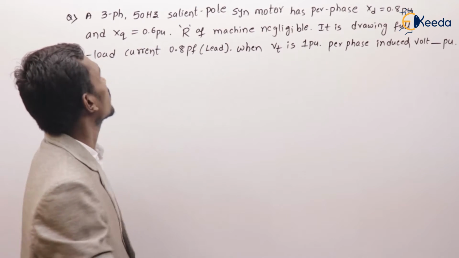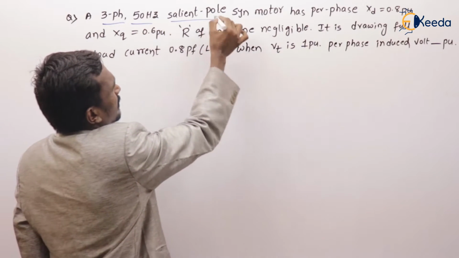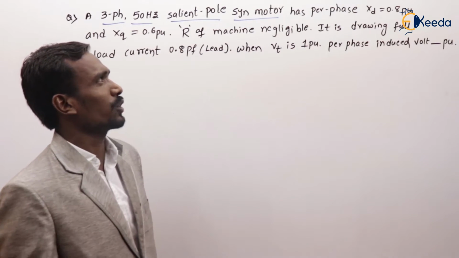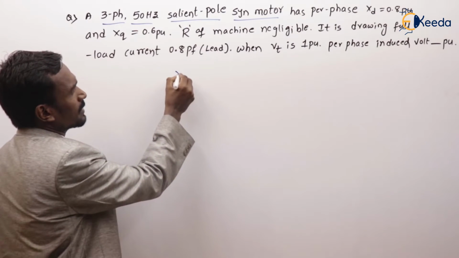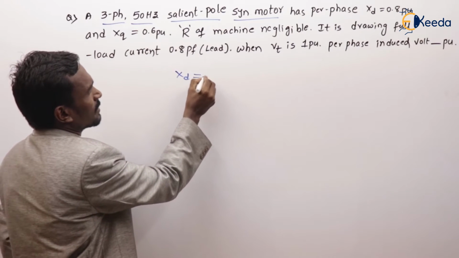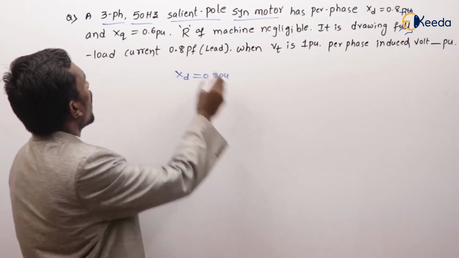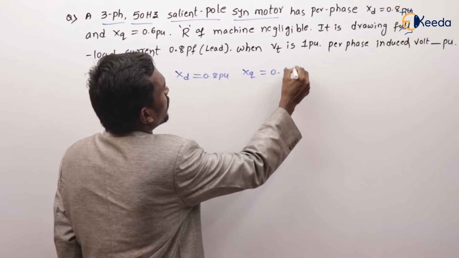Next question. A three-phase 50 Hz salient pole synchronous motor has per phase synchronous reactance along the d-axis 0.8 per unit and q-axis 0.6 per unit.